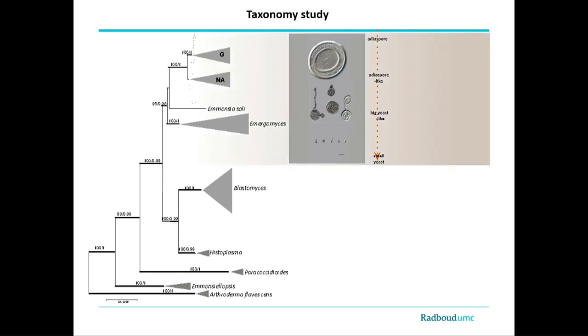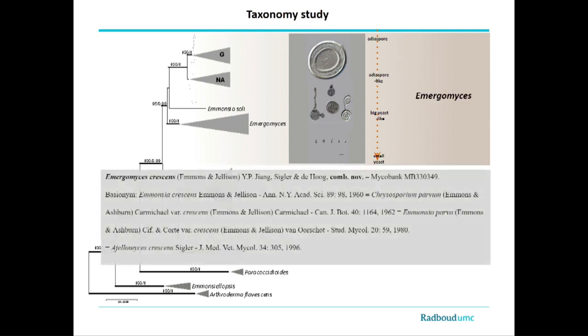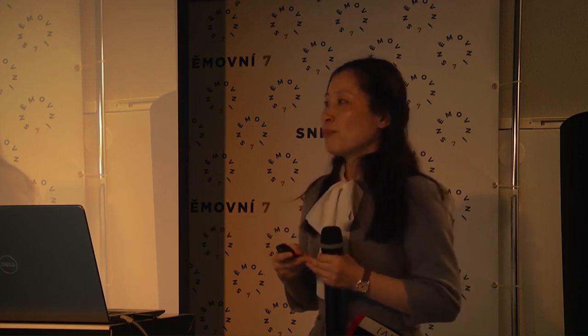So above all, we propose to cluster Emmonsia crescens and the single strain Emmonsia soriata into one genus, Emergomyces. And we believe with more samples added, the taxonomy of Emmonsia crescens should be more clear and precise. But until now, we believe that's the best option. So thanks a lot.